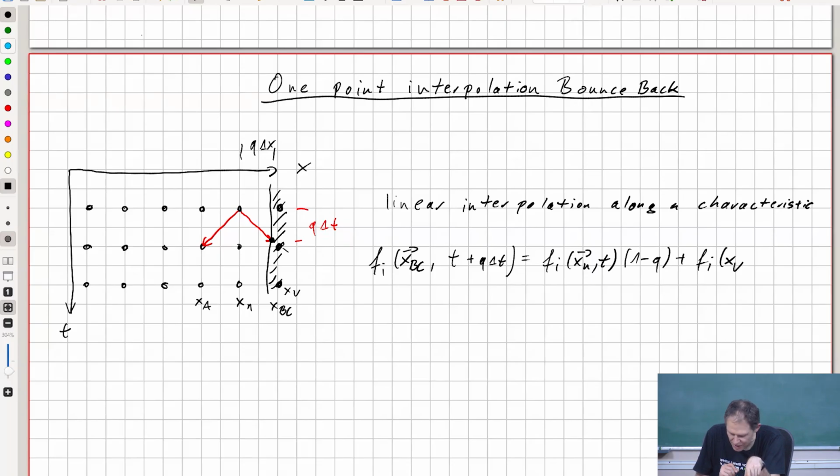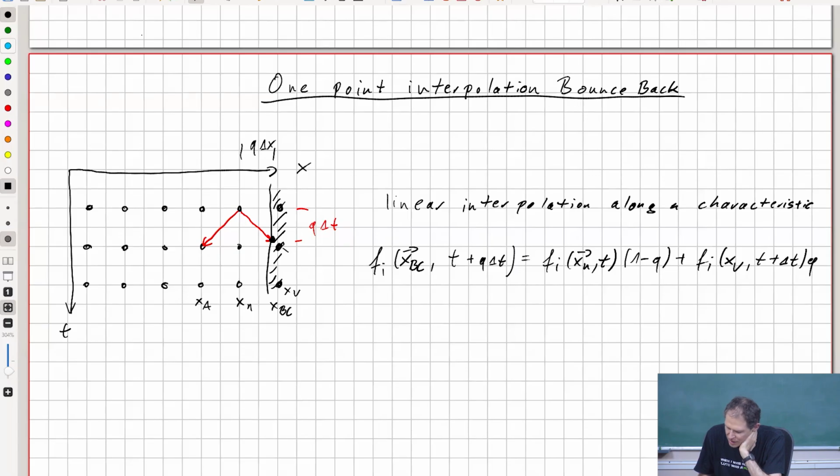This is the virtual distribution at t plus delta t times q.